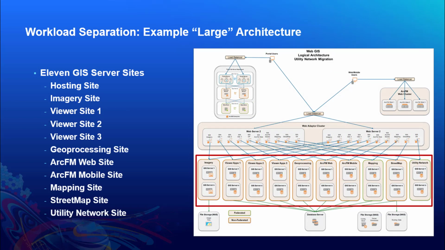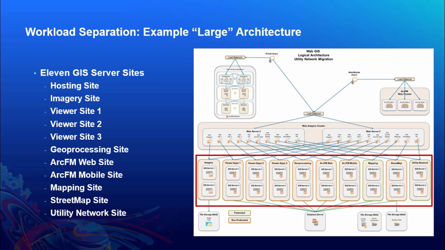Another larger example, more at the extreme end, where we continue to demonstrate how workload separation can allow us to effectively manage these large deployments and divide the load up.